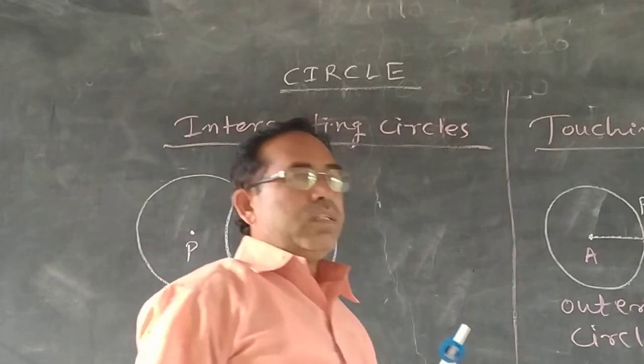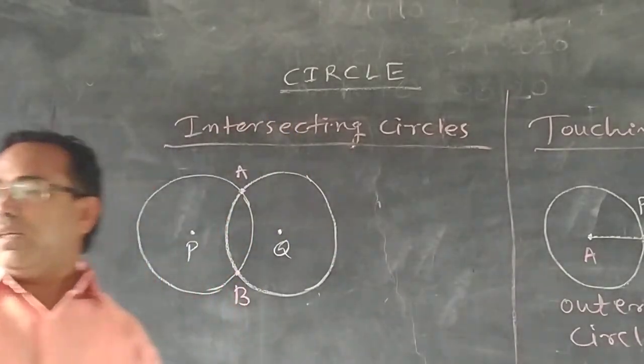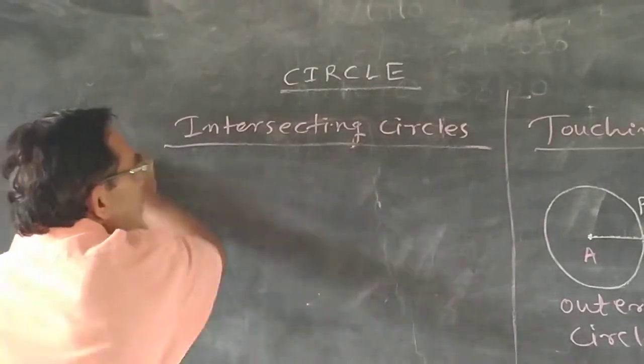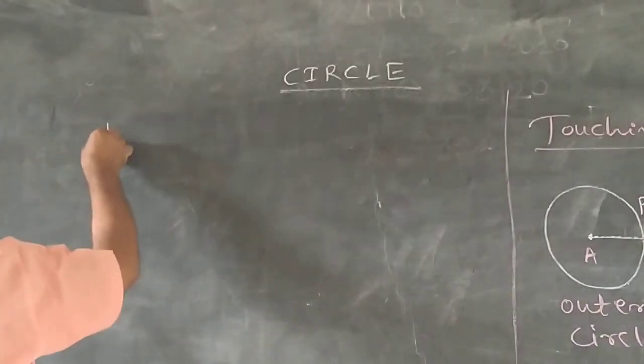Now we have seen the outerly touching circles first, but now internally. How? I draw another figure. Internally touching circles.